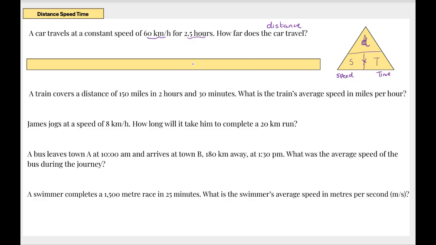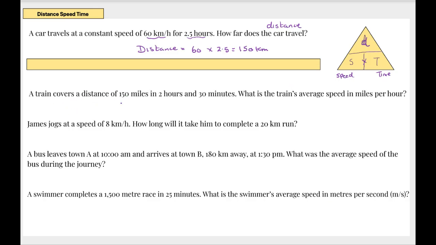So all we're going to do is multiply: distance equals our speed, which is 60 kilometers an hour, times 2.5 hours. If you have a calculator, just pop it in. If you don't, do long multiplication and you will get 150. So the answer is 150 kilometers.